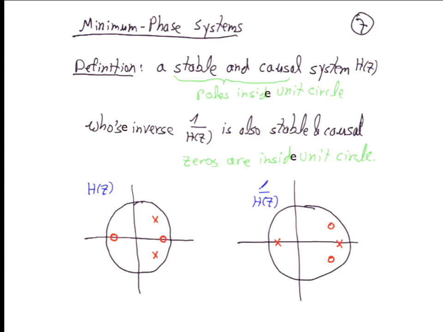The next thing we're going to talk about on Friday, after we talk about the project and we talk about lab number 4, which we're going to post, we're going to talk about minimum phase systems. Okay?